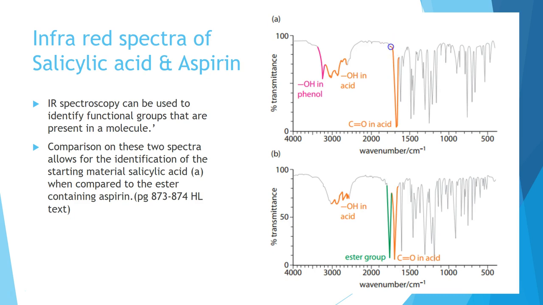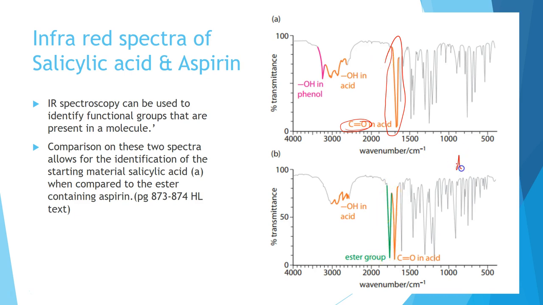So this peak here at just above 1500, around 1600 wave numbers, is indicative of C=O. If we have a look at the bottom one here, we can see that we actually have two. This is the C=O of the acid, of the acetylsalicylic acid, and we have that in the salicylic acid as well, whereas the green one here is the presence of the ester.